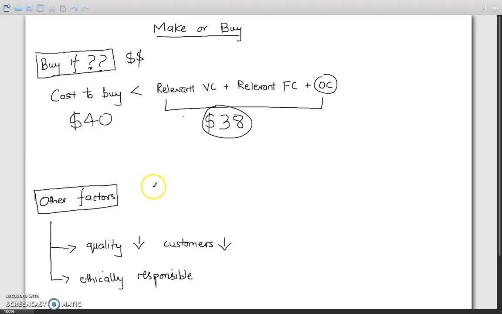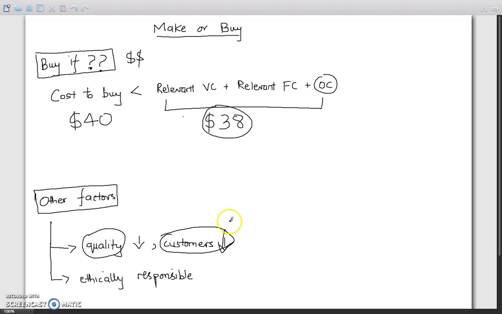Other factors that you should consider when dealing with an outside firm is quality. That is very important, guys. So if the quality is bad, so for example, if their quality is not as good as your own quality, will that result in you losing customers? Will customers leave your business and go to, I don't know, rival businesses maybe?